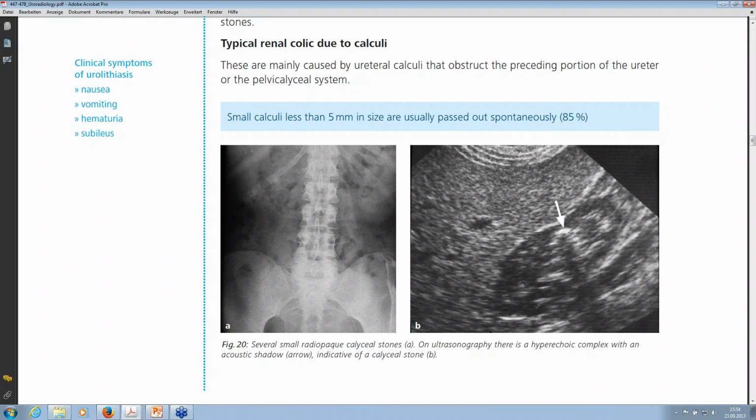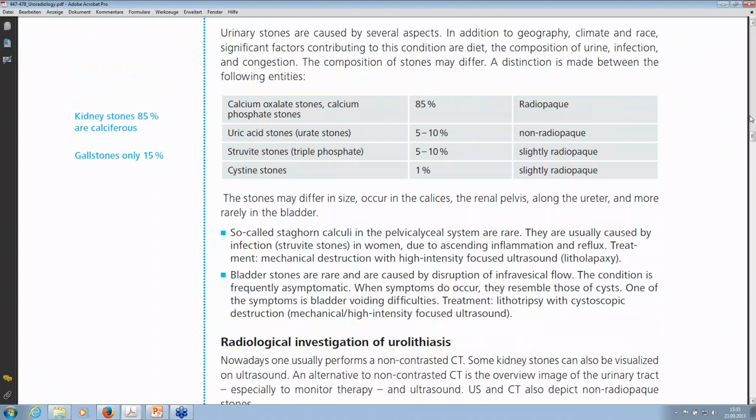If you have a calcification in the kidney, it is very important to know that there is a strong shadow, because the ultrasound beam cannot traverse a calcification, it will be totally reflected, and behind the calcification you see a shadow, you see no heterogeneity, and this is the sign.